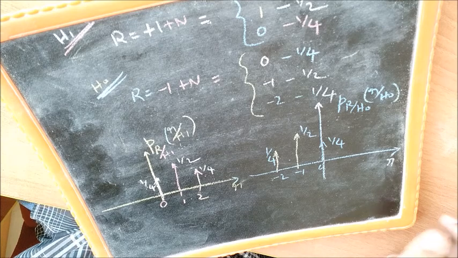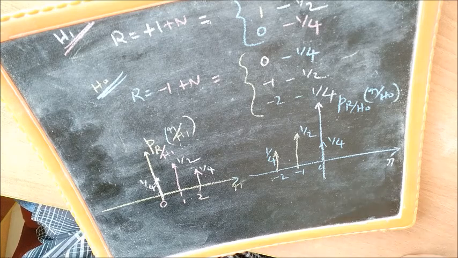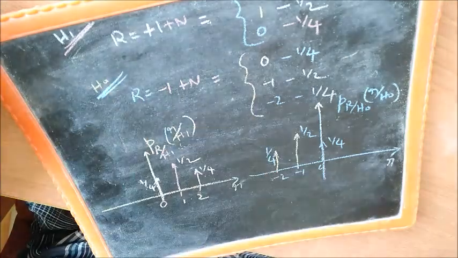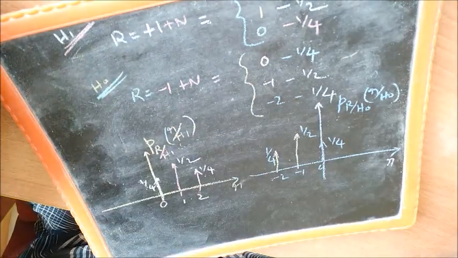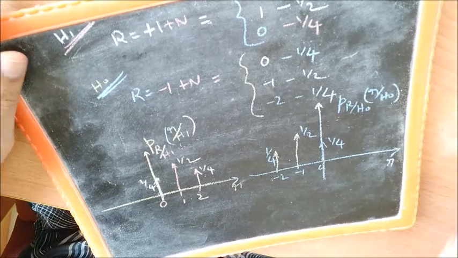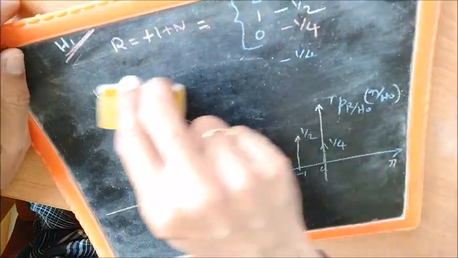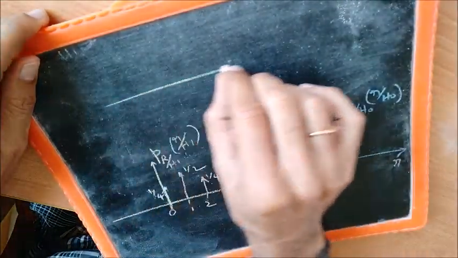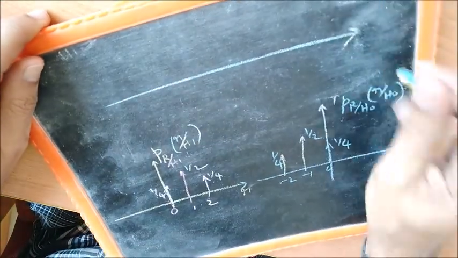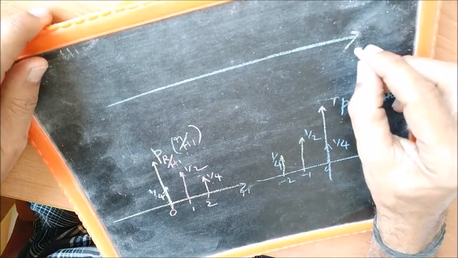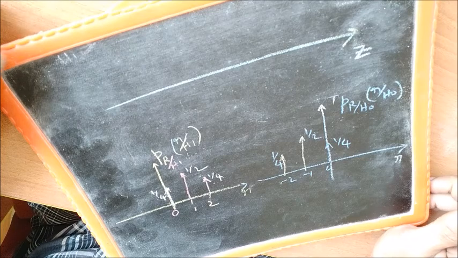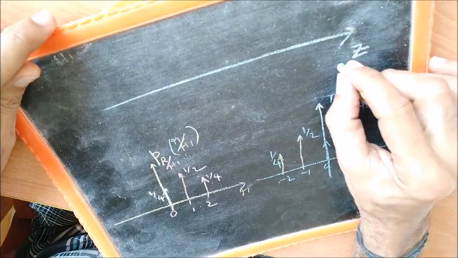That mechanism results due to the noise which gets added, and from R we form the observation space. In this specific example the observation space will be one-dimensional, and we will signify the observation space as Z. So our observation space is this.